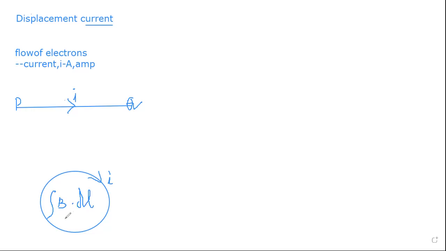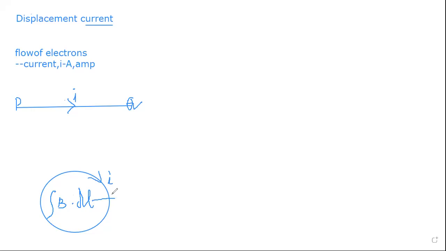B is the magnetic field which is developed at the center of the loop, and this is the line integral of magnetic field. So this is the magnetic force, and the line integral, force multiplied by length, equals total work done by this magnetic force on unit magnetic pole.